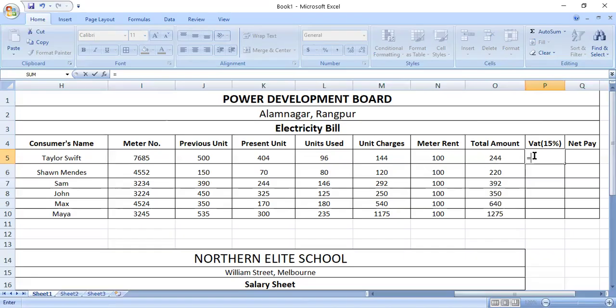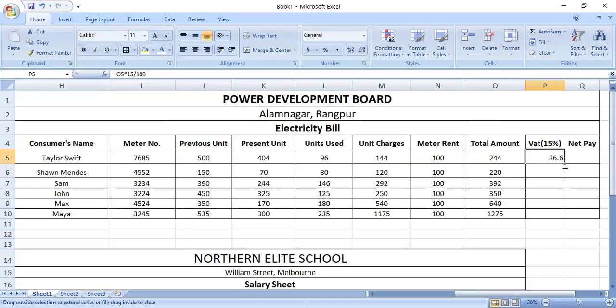So equal O5. It's not 05, it's O5 because it's column O. O5 multiplied by 15%. You can write the percentage sign or just divide it by 100 like that as well. You can do whatever you prefer. Then press enter. This is the VAT. This is the VAT charged.